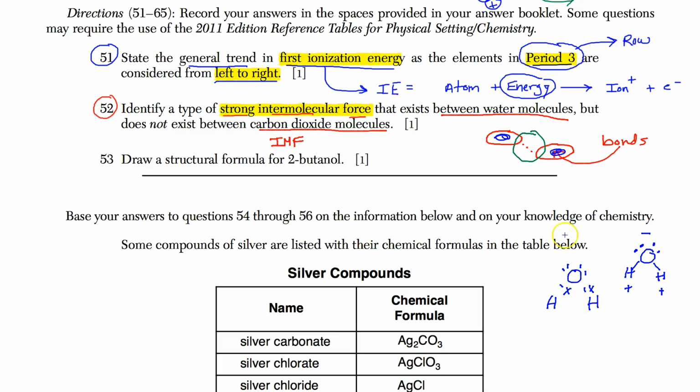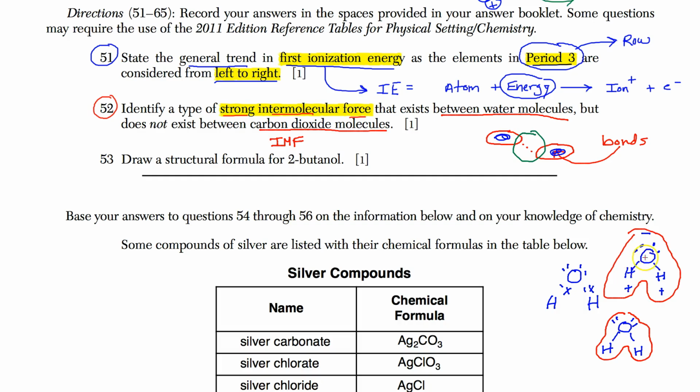So what type of attractive force exists between water molecules? Well, if we draw the actual molecule of water like this, how does it attract another water molecule? Another water molecule looks the same way, and you should have drawn water a million times in your course, maybe 1,000,001, and you should recognize that the negative side of this molecule is the side that has the oxygen because it's more electronegative.